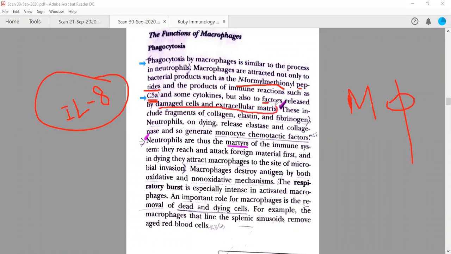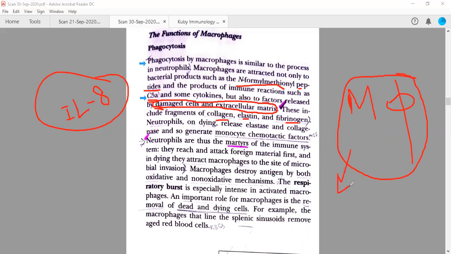This is quite important, because if some cells are damaged, suppose neutrophils die after digesting some foreign particle, the damaged cells or the extracellular matrix components, which include fragments of collagen present in the connective tissue, elastin, fibrinogen, these proteins which are generally present in the tissues, or their fragments, can also activate these macrophages, these big cells, so that they become activated macrophages, right?